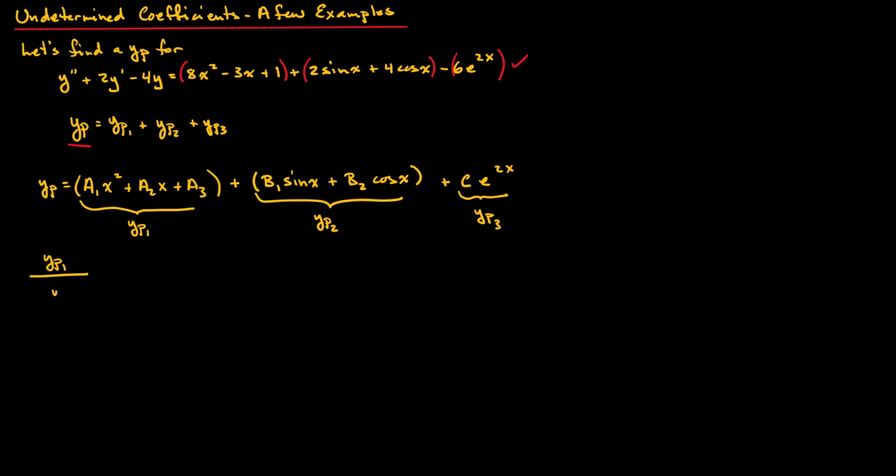Here we have yp1 prime is equal to 2a1x plus a2. And yp1 double prime, the second derivative, which we need as given by the ODE here, is just 2a1.